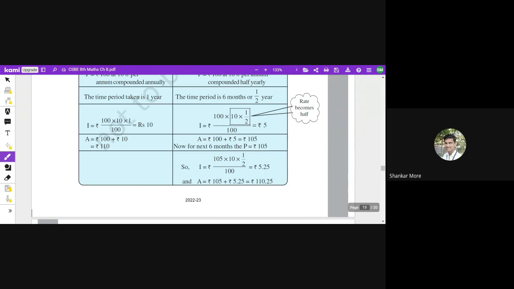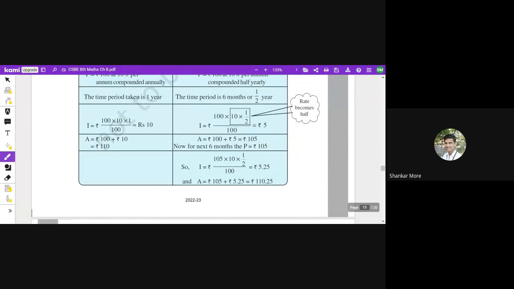Right. So if we calculate interest again on this principal amount, that is 105, it is going to be 5.25 rupees. So the amount at the end of 1 year will be 110 rupees and 25 paise, right?